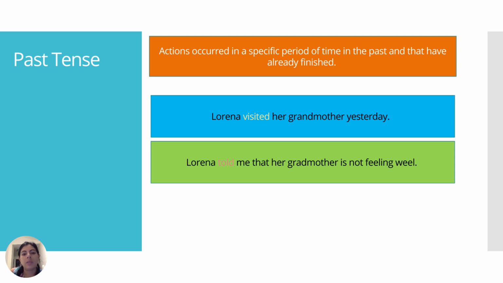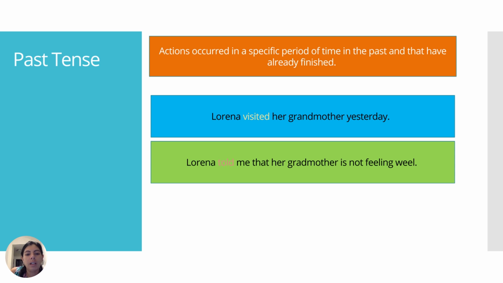In this case, we have actions that already finished in a certain period of time. So, Lorena visited her mother yesterday. We are talking about the past. She visited when? Yesterday. This is the past. Then we have: Lorena told me that her mother is not feeling well.